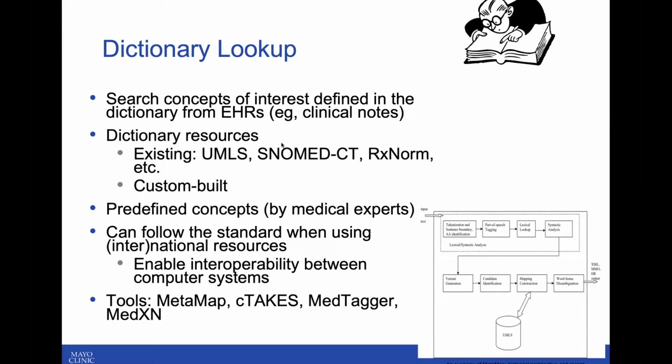SNOMED CT consists of the signs and symptoms in the clinical domain, and RxNorm has comprehensive medication information. So these are the existing national resources. But we can also build a custom dictionary depending on the project and the problem.